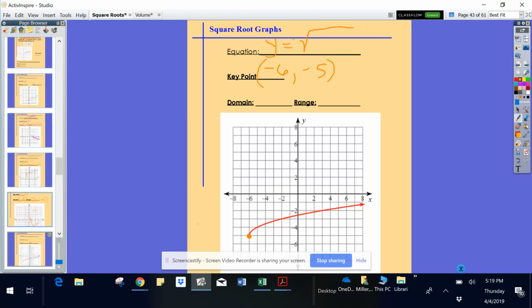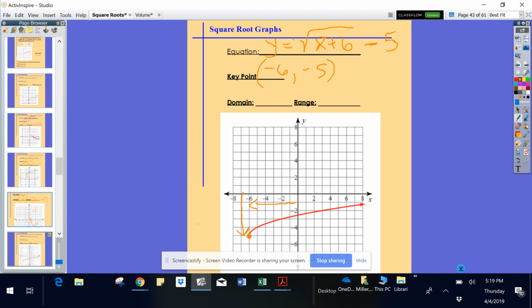All right, so did it move left or right? It did. It moved to the left, 6. So x plus 6. Did it move up or down? Right, it moved down. As a matter of fact, it moved down 5. So my -5 is going to be outside the square root sign.